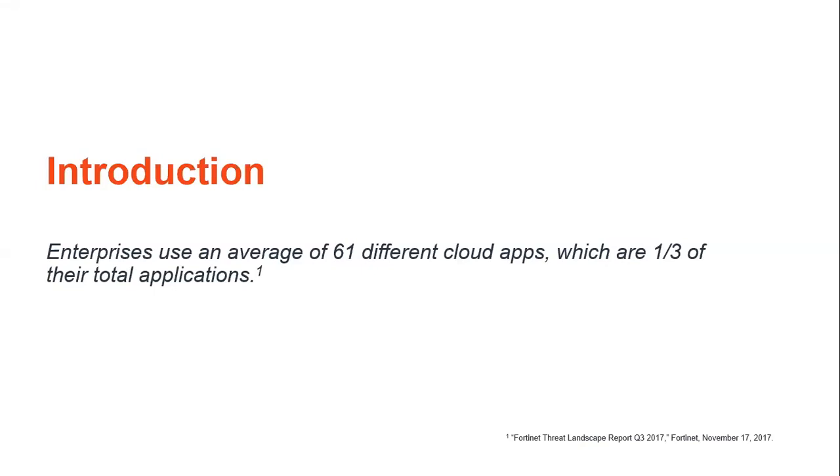This drives a need for solutions that complement traditional physical appliance form factors, which provide visibility and maintain consistent security policy as workloads, users, and data migrate to more agile, elastic, and virtualized infrastructure.